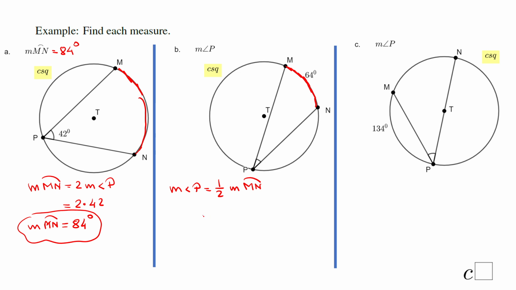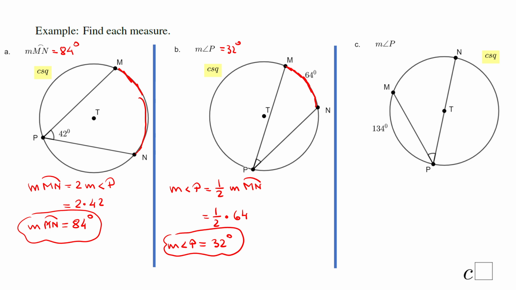So in this case we have 1/2 times 64, and that will be 32 degrees for the measure of angle P.